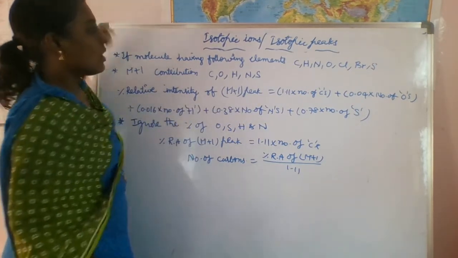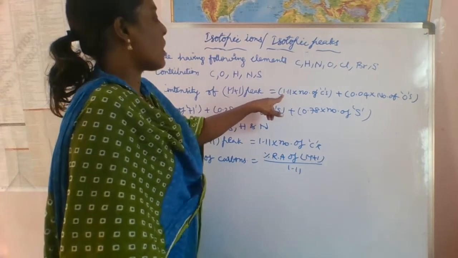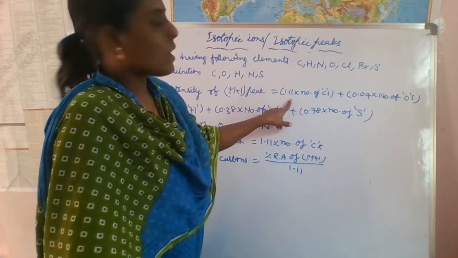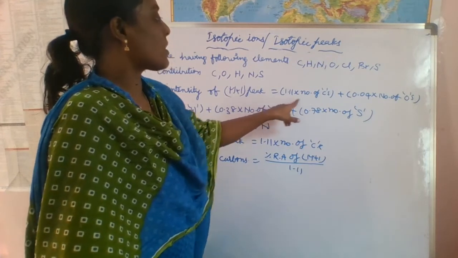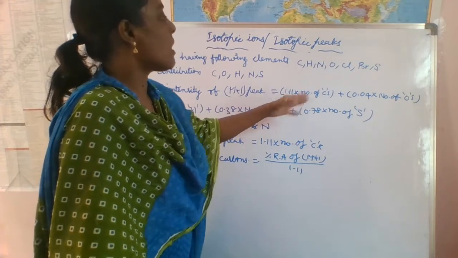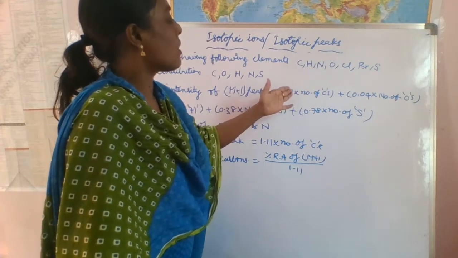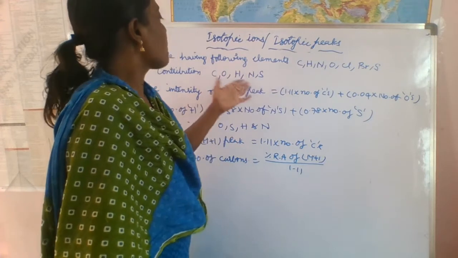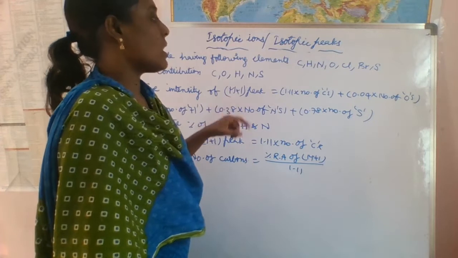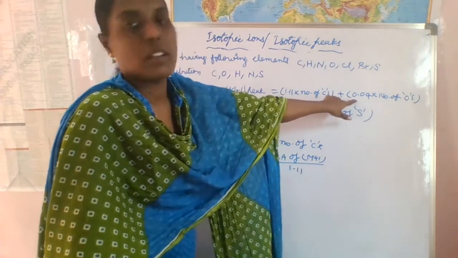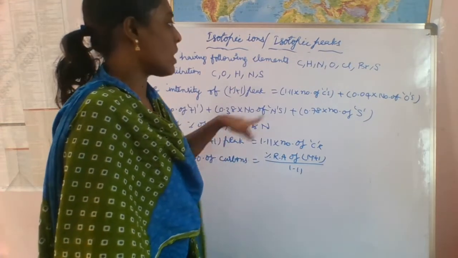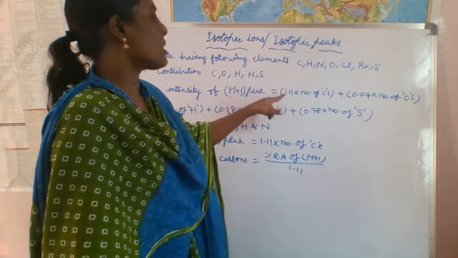So what is the percentage of relative intensity of the M plus 1 peak? We have to calculate like this. You have to calculate 1.11. What is the 1.11? It is the abundance percentage of C13, right? You have to multiply by the least abundant isotopic percentages, not the high abundant ones.